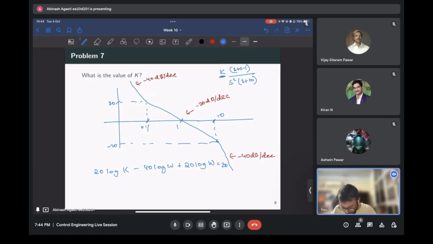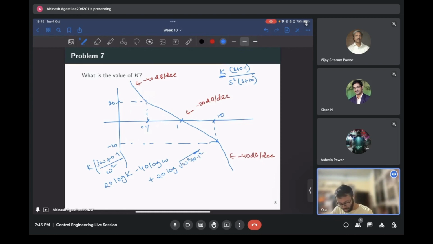Okay, yes. Let's just write this k into j omega plus 0.1 by omega square. So 20 log k minus 40 log omega and plus 20 log, right?